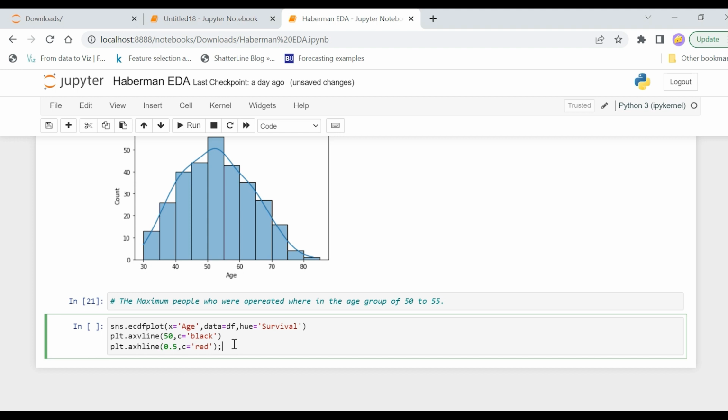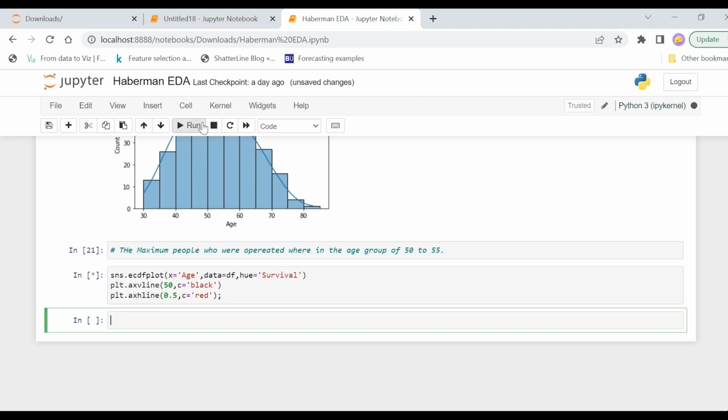I'm assuming that you all know these codes. It's very simple. You have to do the ECDF, this cumulative probability function. That plot you have to make with the vertical line with color black and the horizontal line with color red. Let me show you once I run this code.